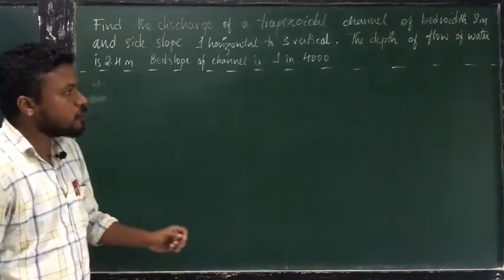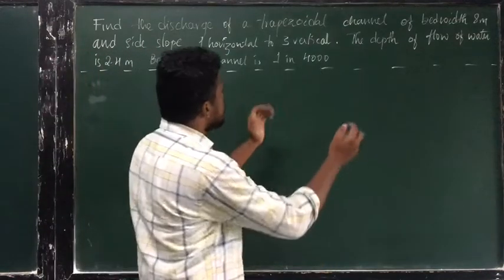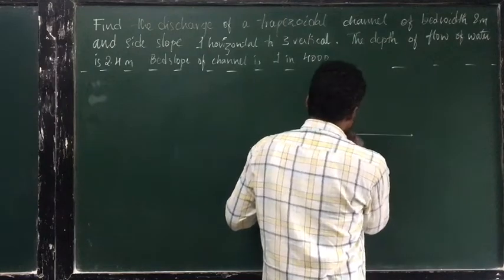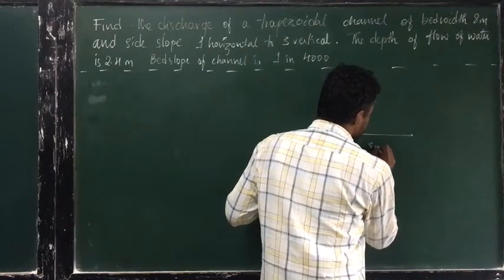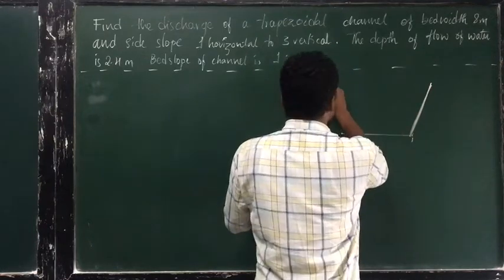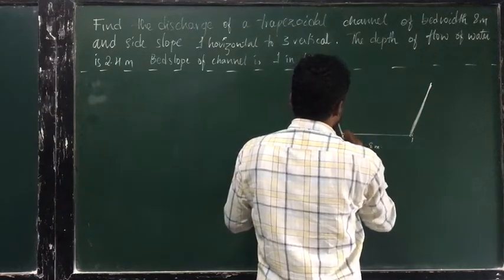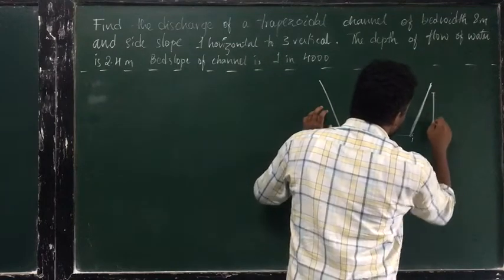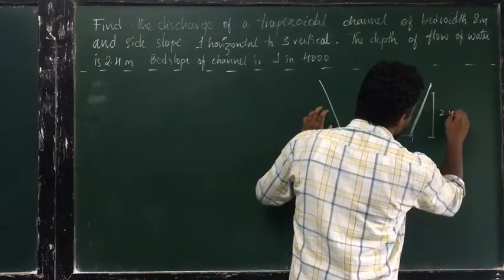Let me draw the cross section of this trapezoidal channel. Base width is 8 meter and depth of flow is 2.4 meter.